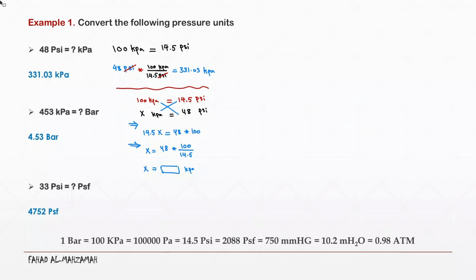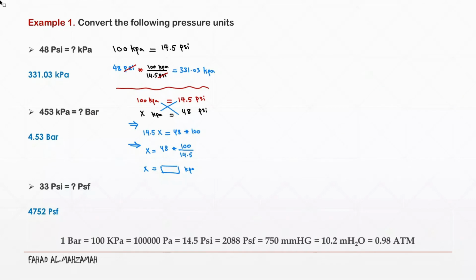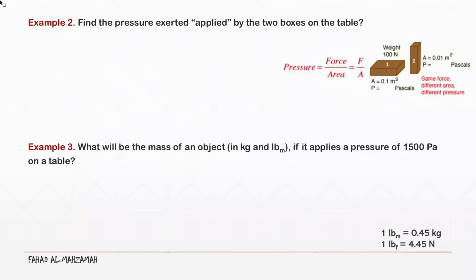Now, the next example, in the next slide, says you have been given a figure, and this figure has a box that has been put on the table in two positions: the first position vertically and the second position horizontally.